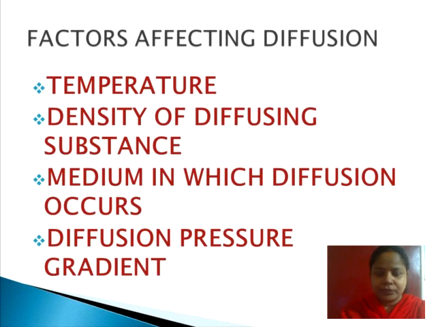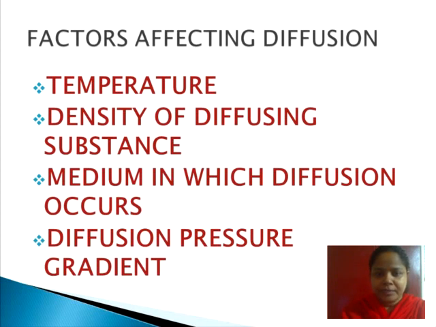Density of the diffusing substance also affects the diffusion process. That is, D is equal to 1 upon the square root of d. That is, diffusion is inversely proportional to the density of the substance. The denser the substance, the lower the diffusion rate.